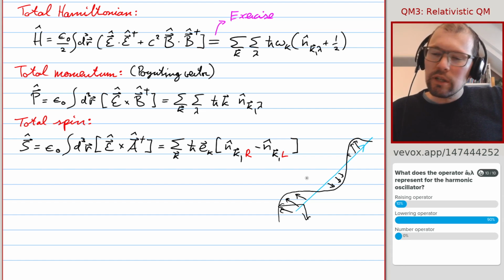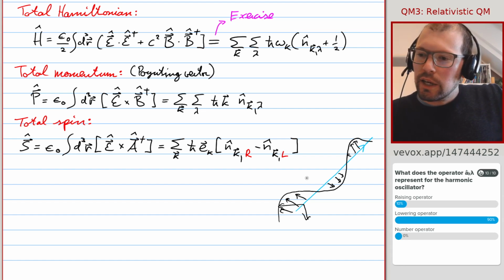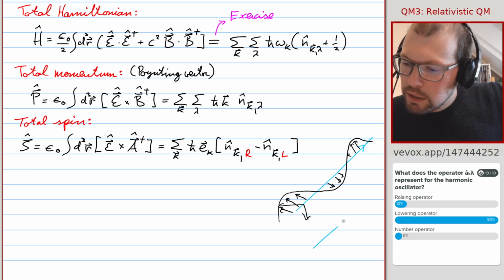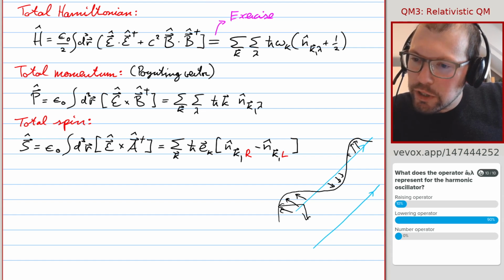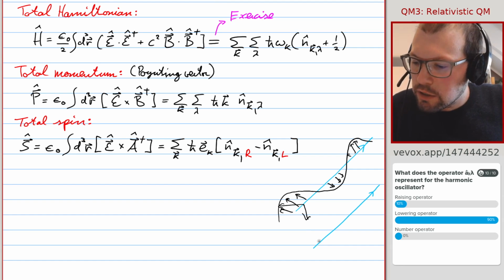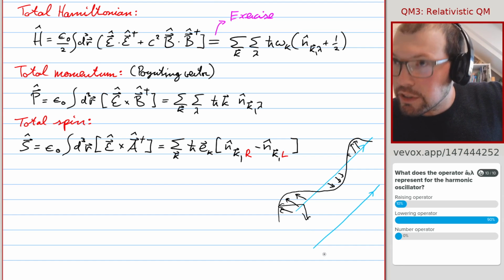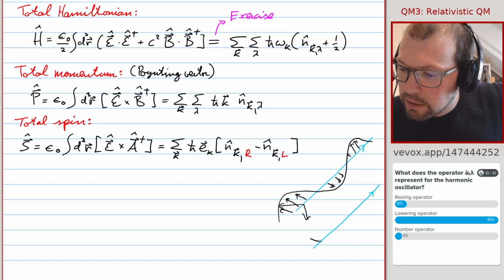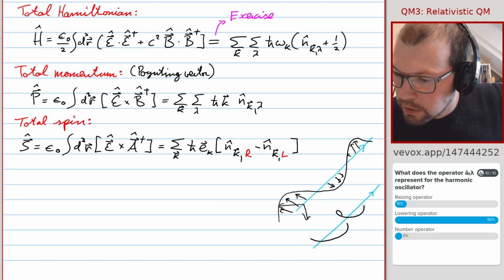A plane wave in electromagnetism that has angular momentum is one in which the electromagnetic field has a helical structure. So it means that the electric field does something like this.